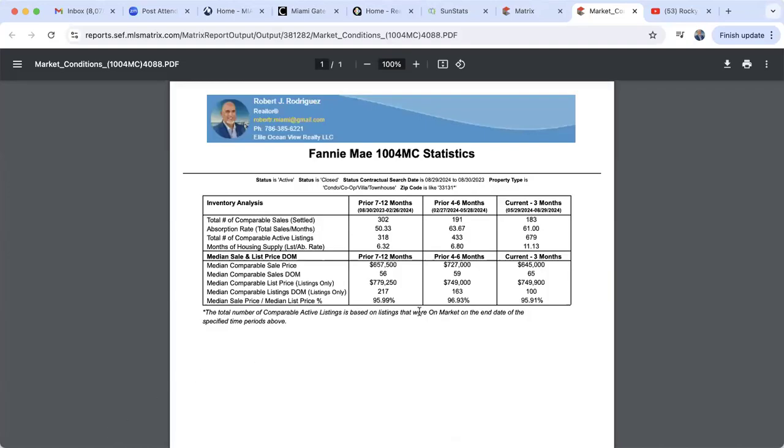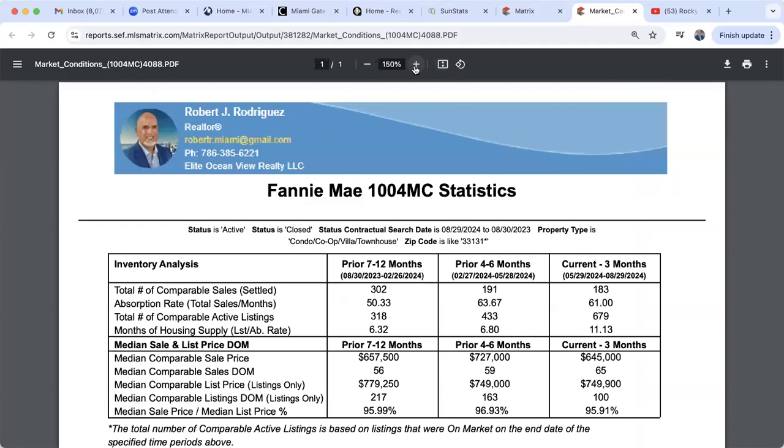And the condo market in Brickell is reflecting a transition to a buyer's market. As you guys can see, the months of inventory go from 6 to now 11 months of inventory. We went from 318 active listings now up to 679 active listings. All right. The prices are either holding steady or slightly declining.